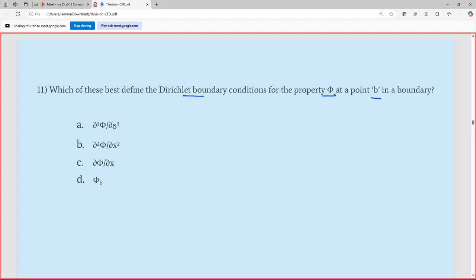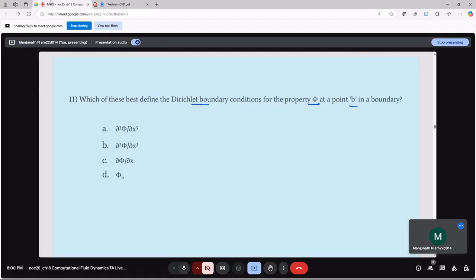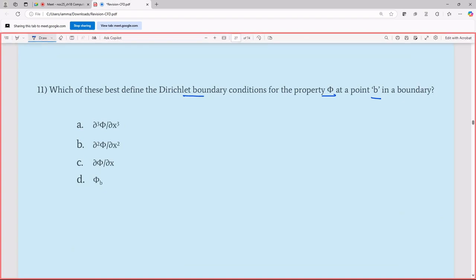So which of the following best defines the Dirichlet boundary condition for the property phi at point B in the boundary? Our answer is option D, phi b.